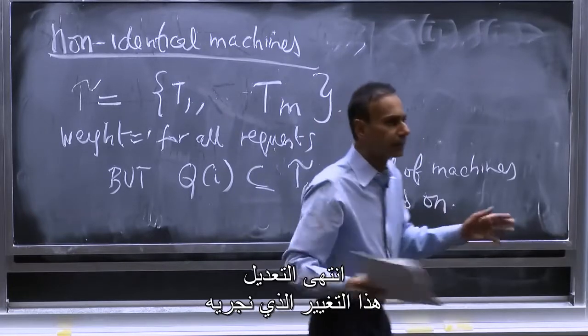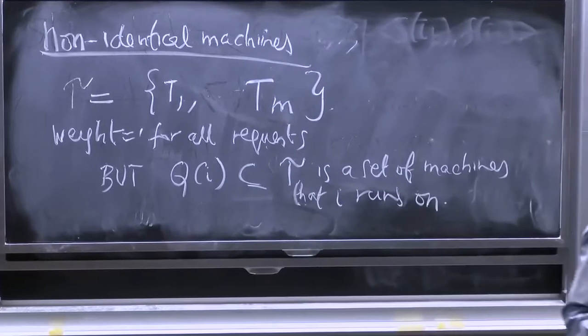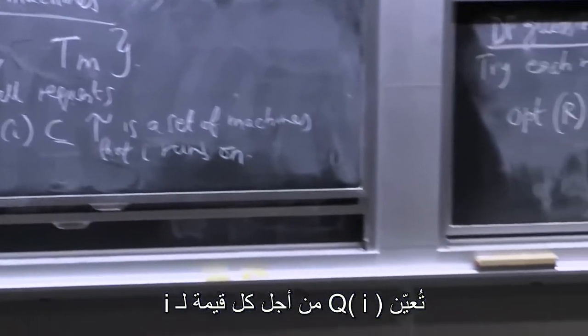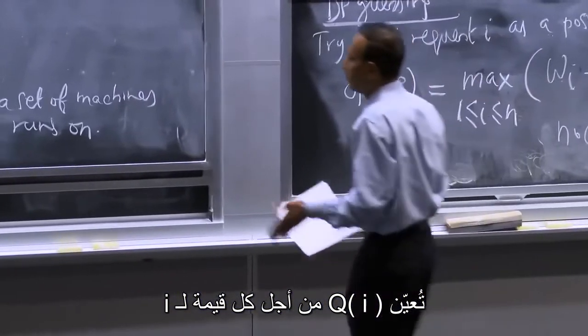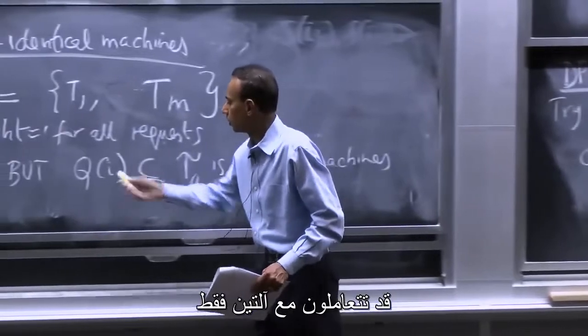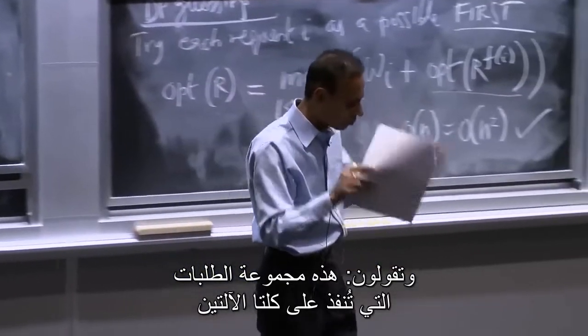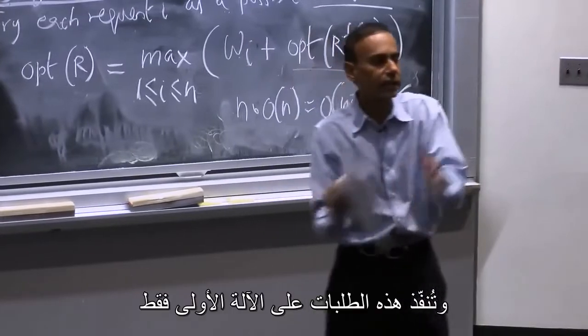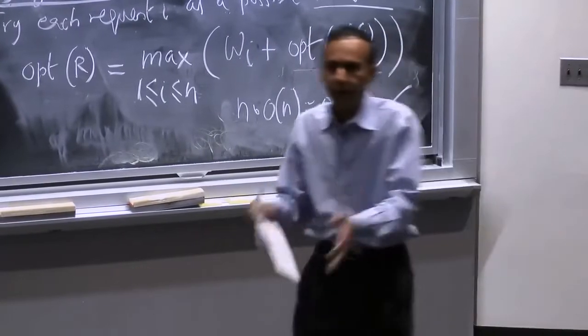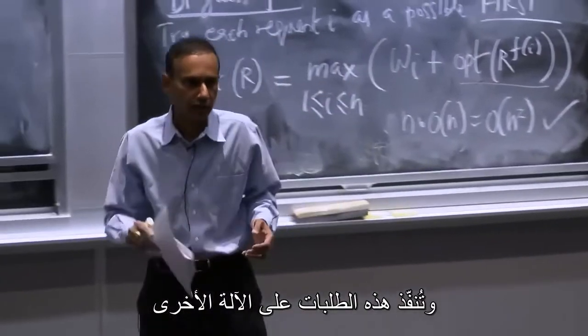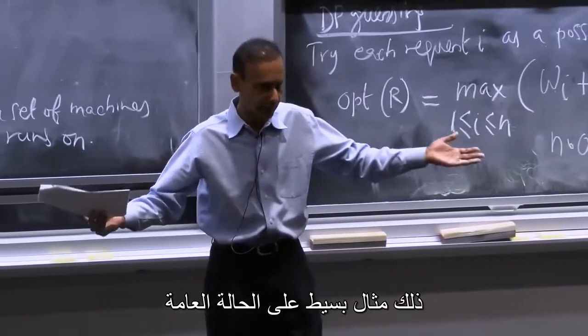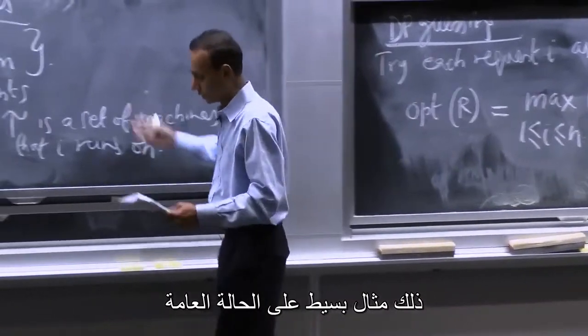Okay, that's it. That's the change we make. Q of i is going to be specified for each of the i's. So you could even have 2 machines. And you could say, here's a set of requests that could run on both machines. Here's a set that only runs on the first machine. And here's another set that runs on the second machine. Right? That's a simple example of this generalization.